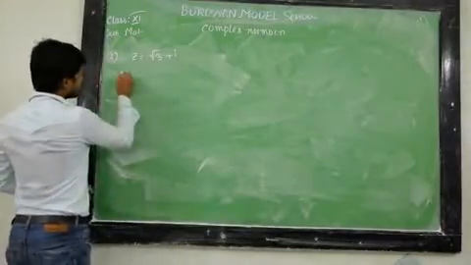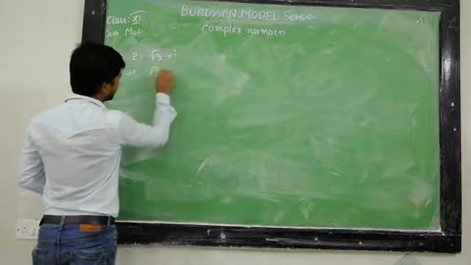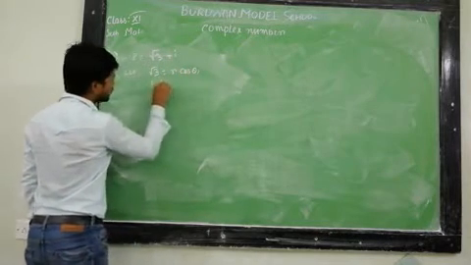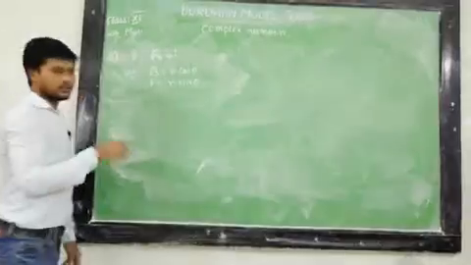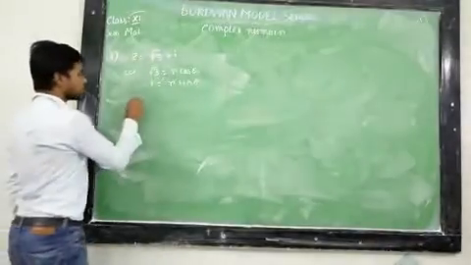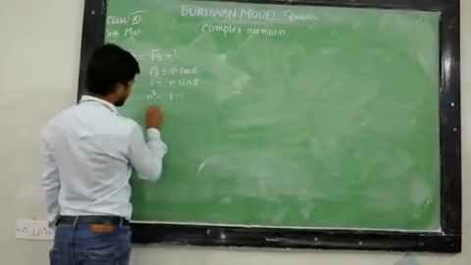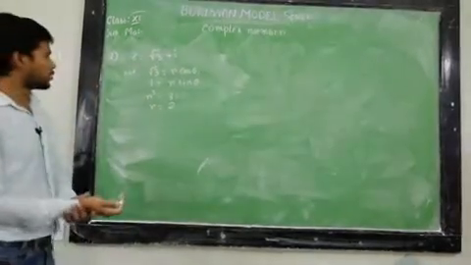So we'll consider root 3 equal to r cos theta and 1 equal to r sin theta. Now squaring these two equations and adding together, we have r square equal to 3 plus 1. So r equal to 2. Value of r equal to 2.